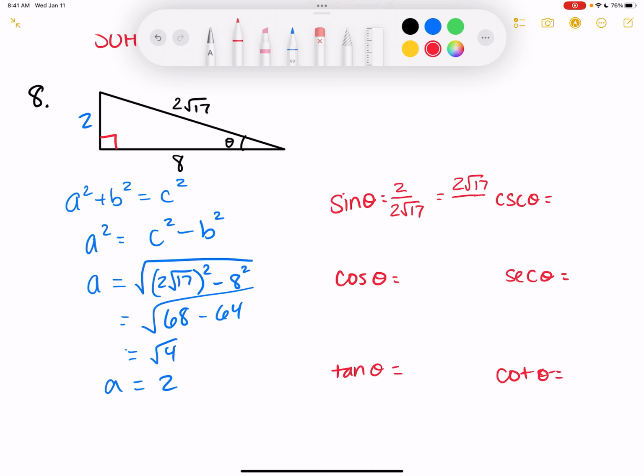So I will tell you what I would personally do first is that you have a 2 top and bottom, so those can cancel. So then, just to make my life easier, you would have the square root of 17 over 17. Okay. But yes, what you had would reduce down to that.